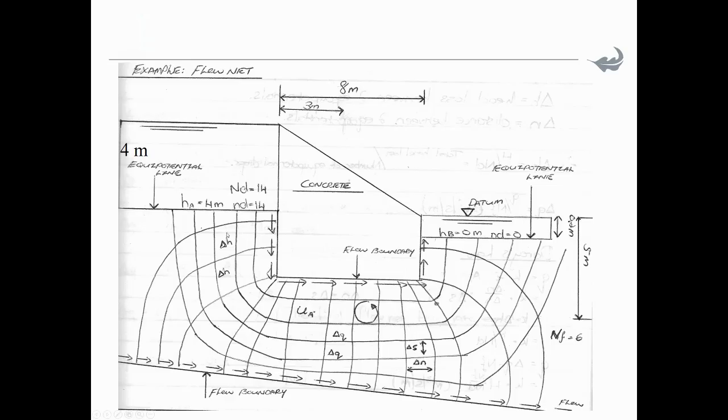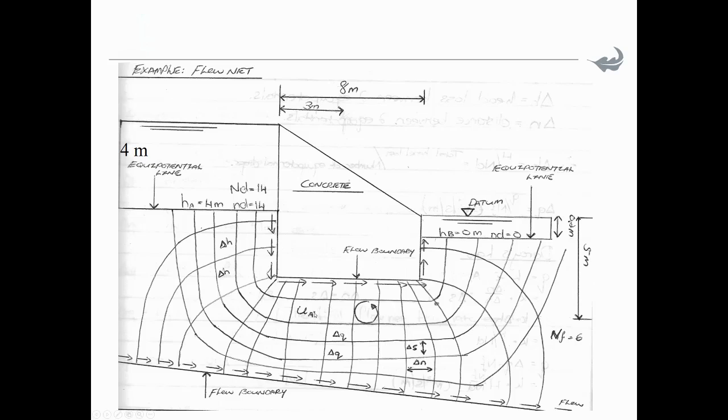This is the drop delta H as you go through, as the water flows. Delta S is this distance between the flow lines, and delta N is the distance between the equipotential lines, and we say delta S and delta N are the same.